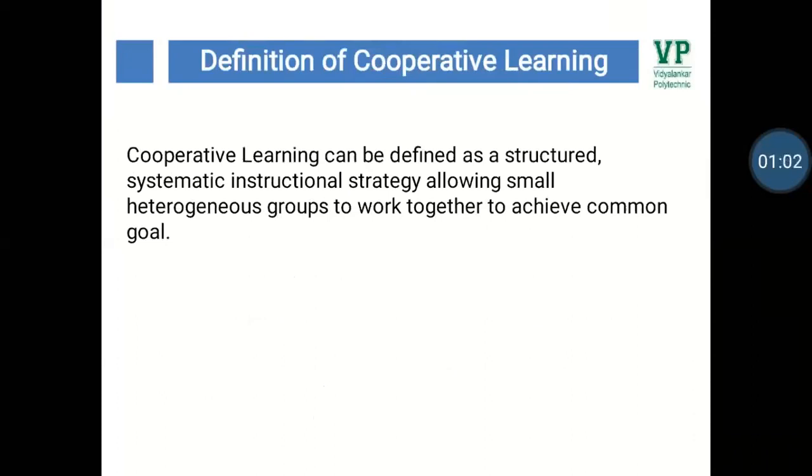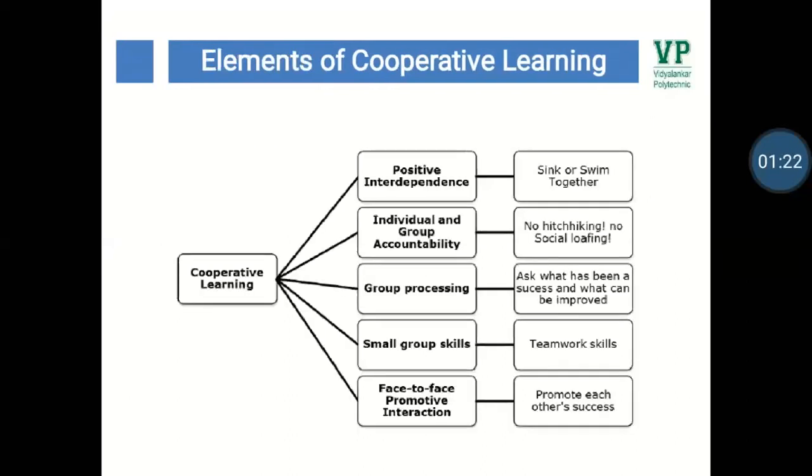Now let us discuss what is cooperative learning. Cooperative learning can be defined as a structured, systematic instructional strategy allowing small heterogeneous groups to work together to achieve a common goal. Elements of cooperative learning.